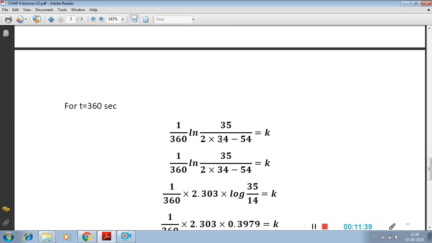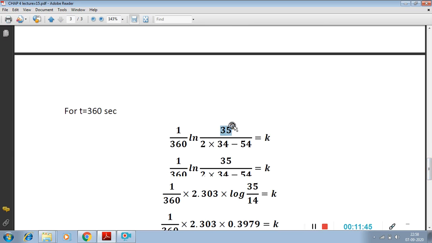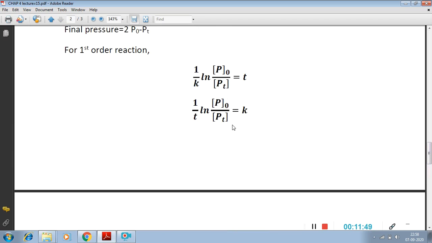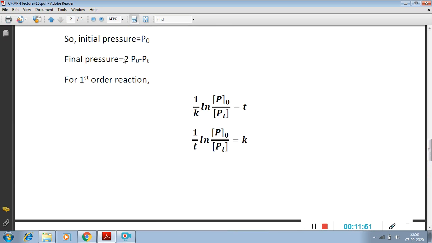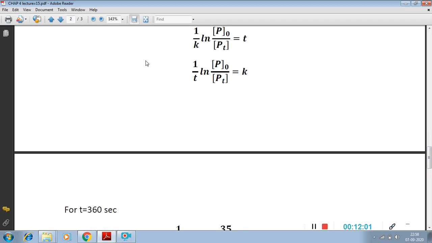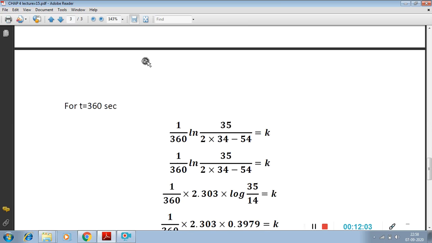So here instead of P0 I have written 35, and instead of Pt we can write 2P0 minus Pt. Now P0 is 35 and Pt is 54. So put those values here.